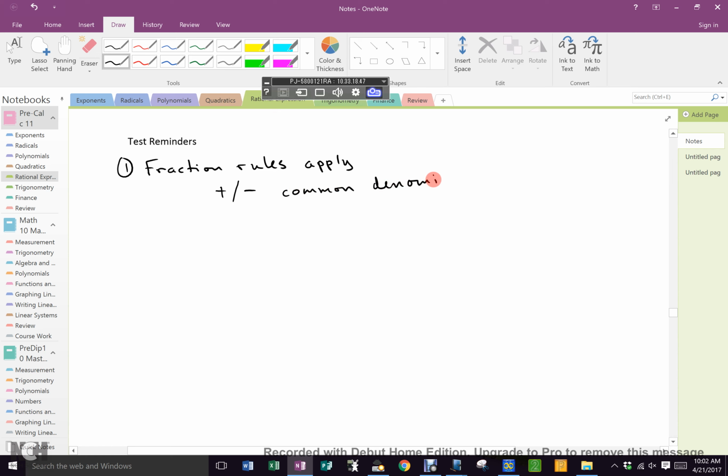Right? The common denominator is everything factored with no repeats. Kind of like finding a common multiple, yes?